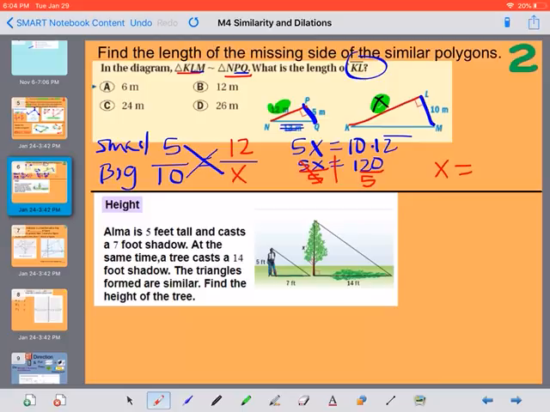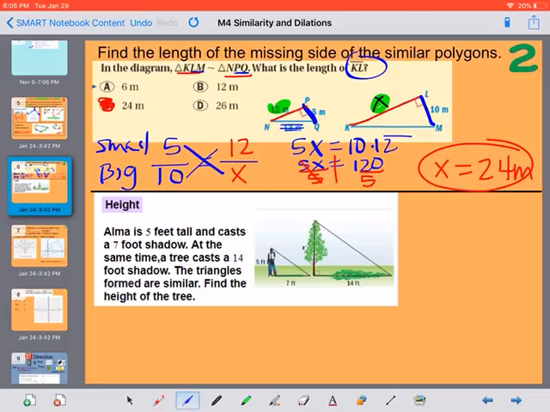So we have 120 divided by, oops, 120 divided by 5, sorry. 120 divided by 5 gives me 24. So that would be answer choice C. The length of KL is 24 meters. They use the letter M for meters.